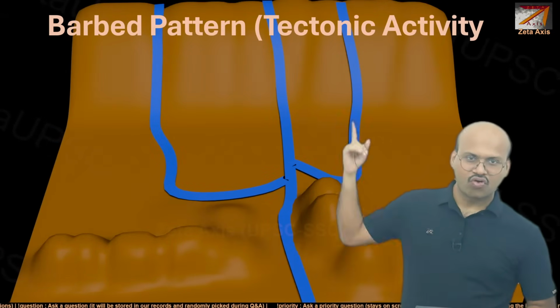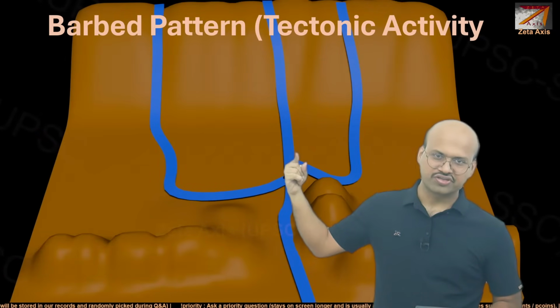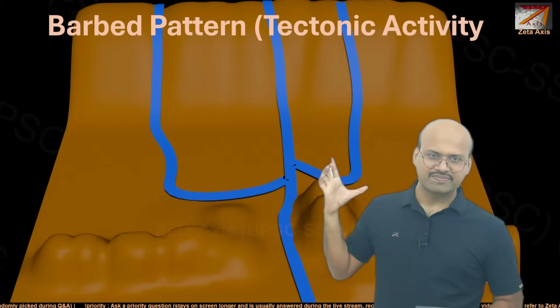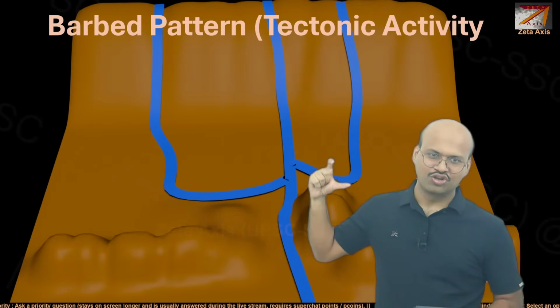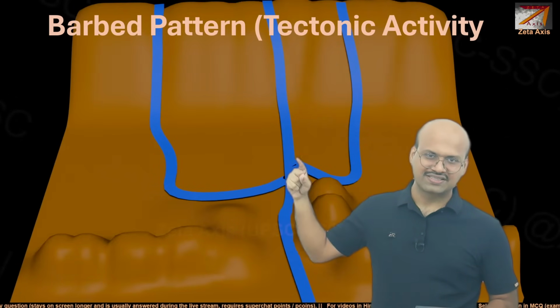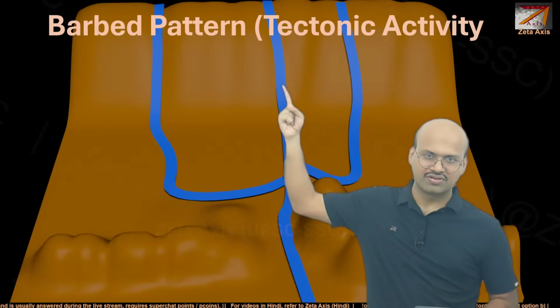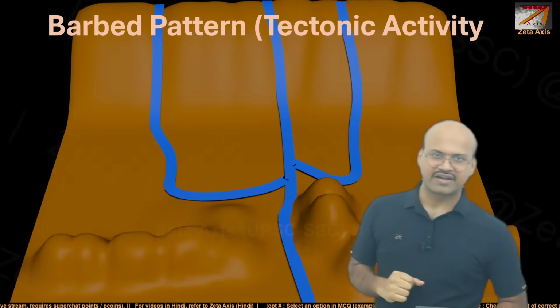So the water coming down slope has to form a new stream. It has to change its direction to meet this stream, and in this particular case it reverses direction to adjust to the new mountain over here. So here also we can see that, for a very short distance, it is flowing in a direction opposite to this main branch. So this is also a barbed pattern example.